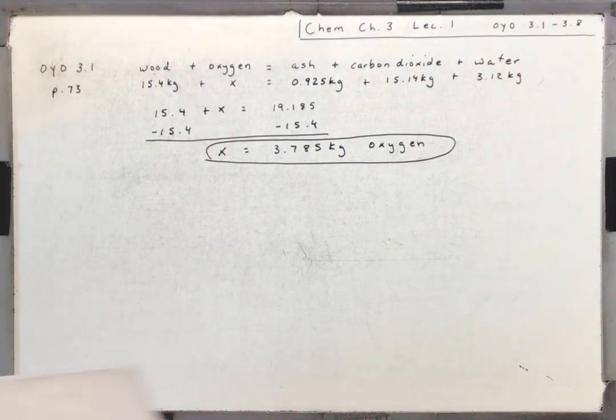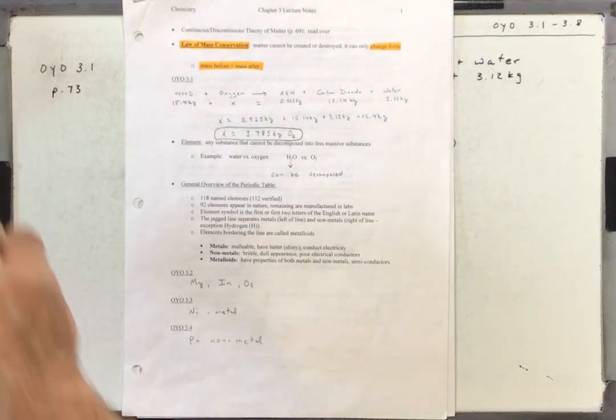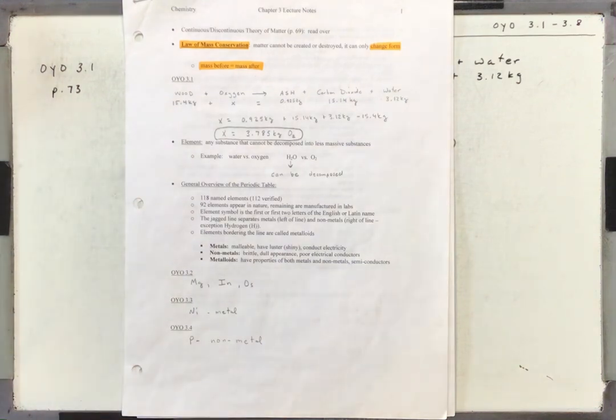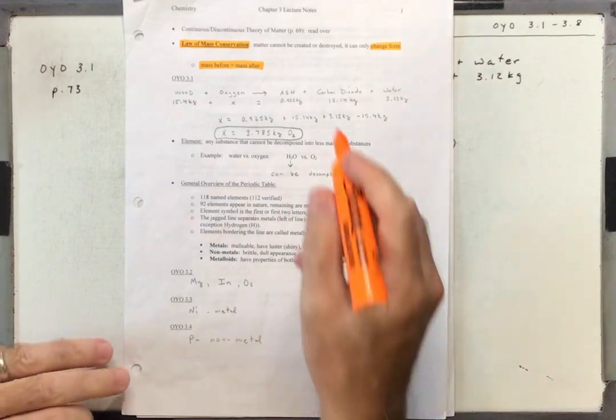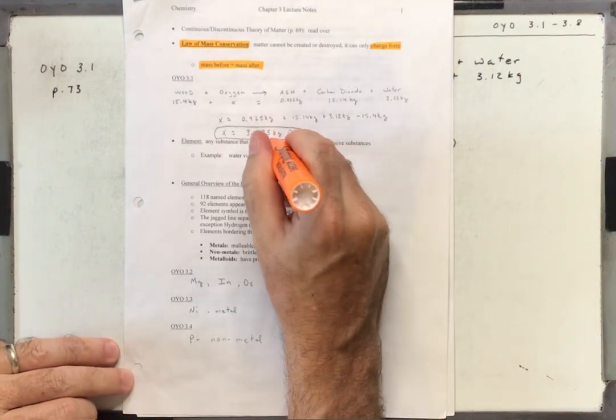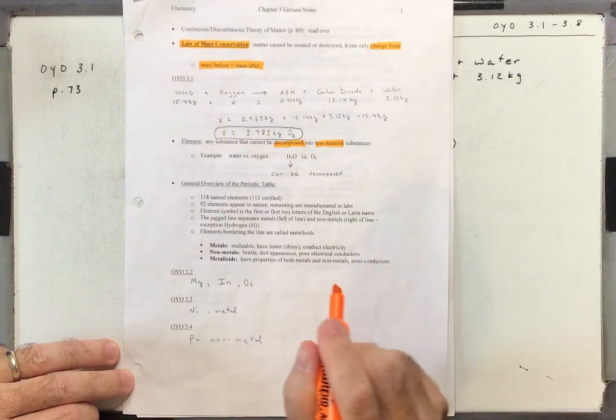All right, great. Well, let's keep going through the notes here. The next concept is the concept of the element. And an element is any substance that cannot be decomposed into less massive substances.